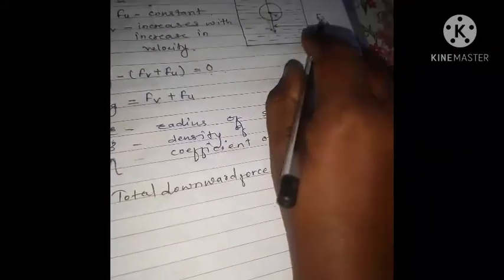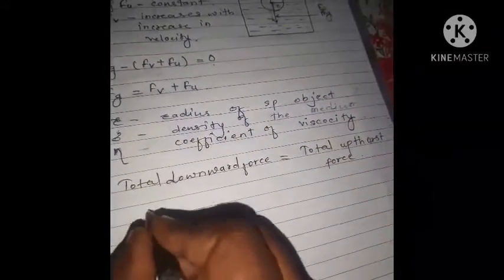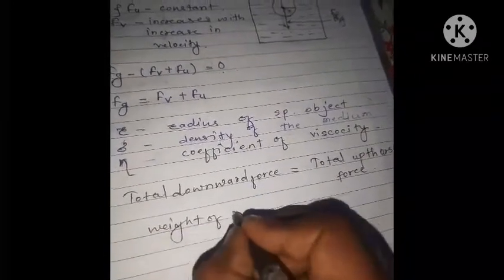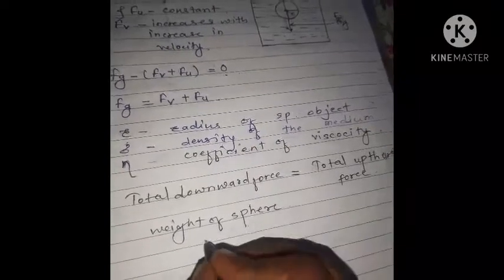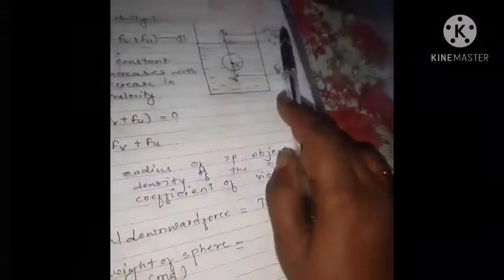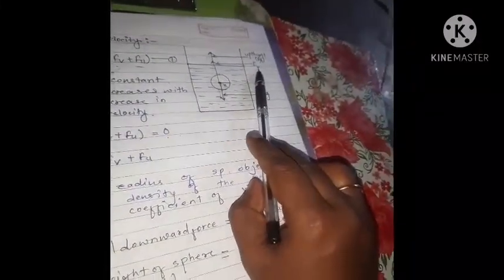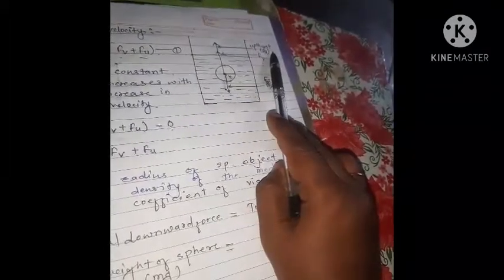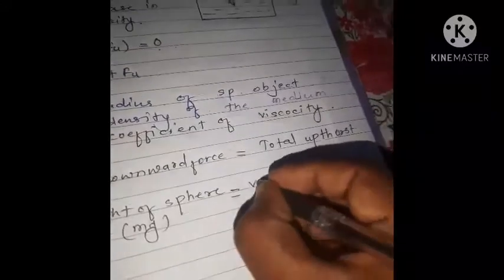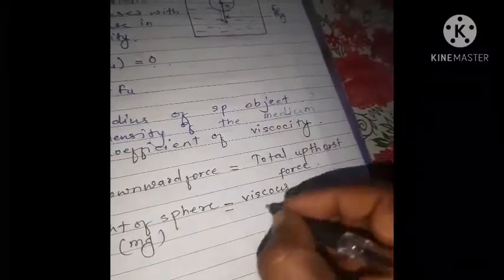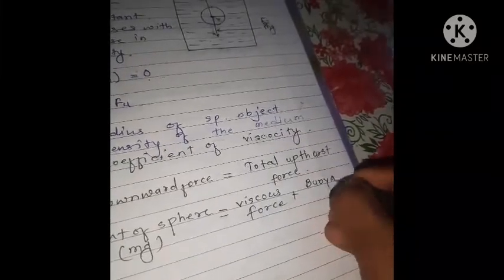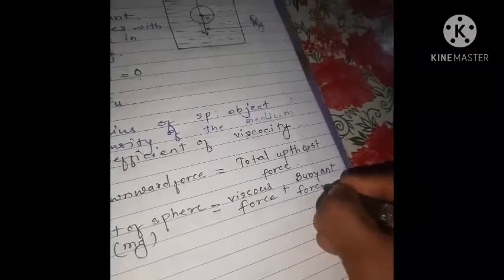Downward force means the weight of the sphere. Therefore, the weight of the sphere, mg, is equal to the total upward force, meaning viscous force plus buoyant force due to the surrounding medium.